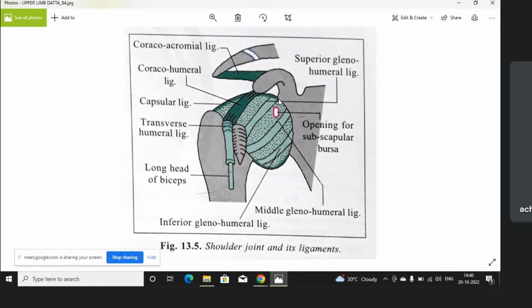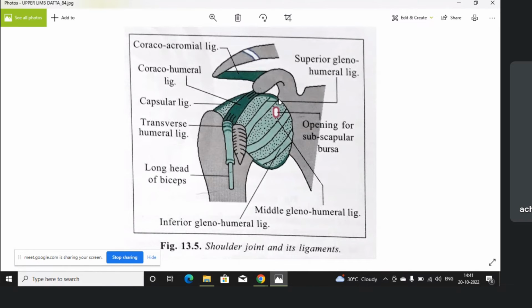Next ligament: transverse ligament. Laterally it is attached to the lateral lip of the intertubercular sulcus.